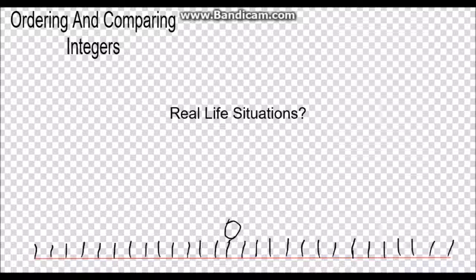Or another example is you're an average person in the stock market and you want to figure out how your stocks are doing and which ones are doing better and which ones are doing not so great. So it's also really helpful to know how to order integers, so then it's a lot easier to do your job. It's because of those situations that you have to know that.